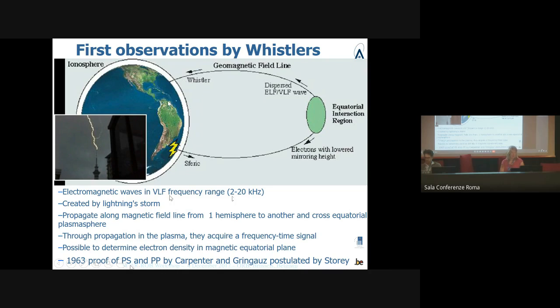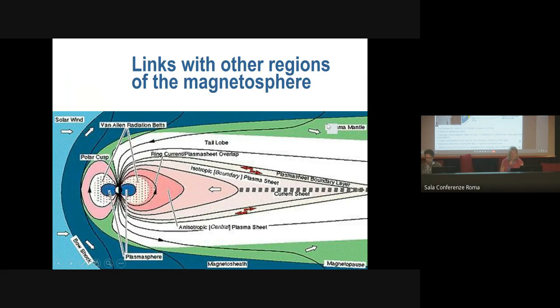And so we have, for instance, at our institute also, such VLF detectors, Whistler detectors, that can be used to study the plasmasphere. But of course, the main observations are made by the satellites.